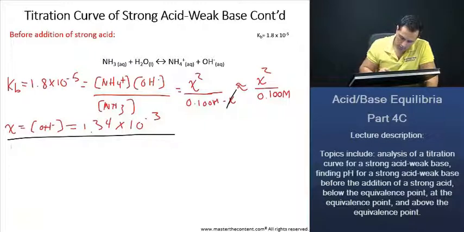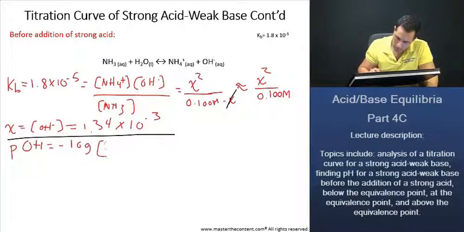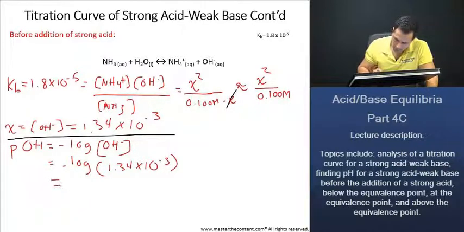We're now going to get the pOH, and the pOH is just going to be negative log of our hydroxide concentration, which is negative log of 1.34 times 10 to the power of negative 3. This gives us a value of 2.87. And are we done yet?